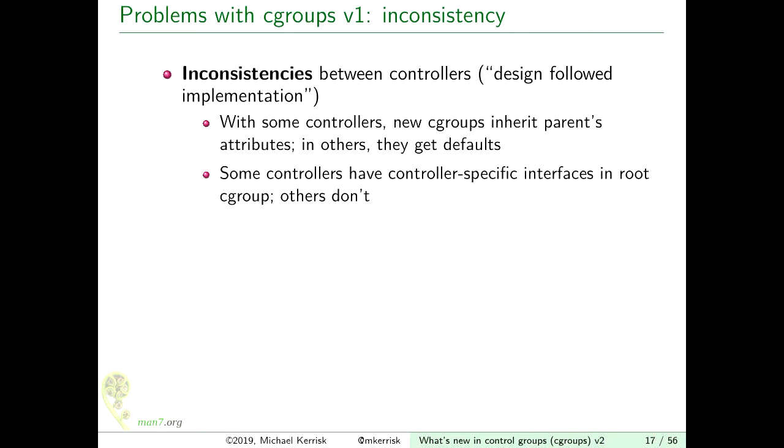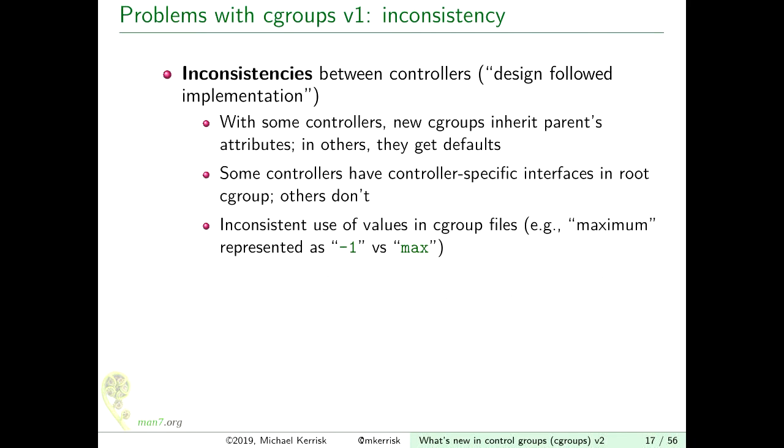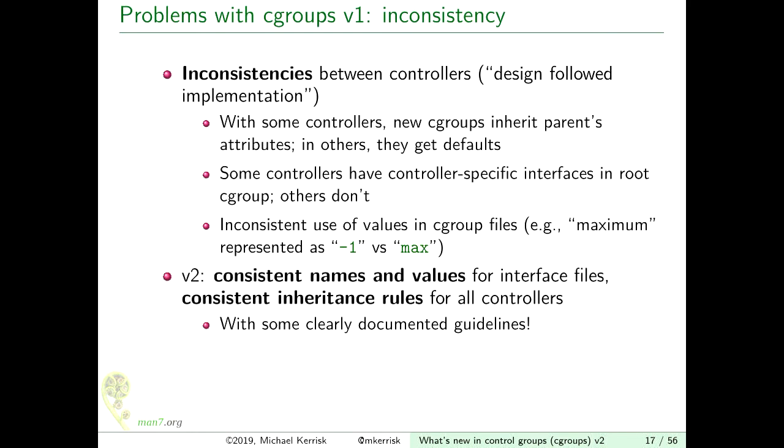Some of the controllers had, you could do control in the root Cgroup, others you couldn't. Some of the magic values that were used in certain Cgroup files were simply inconsistent. In some Cgroup files, if you want to say unlimited, you wrote -1 into the corresponding file. In some others, you wrote the string max. This is just because different people designed the APIs, didn't look at what other people had already done.